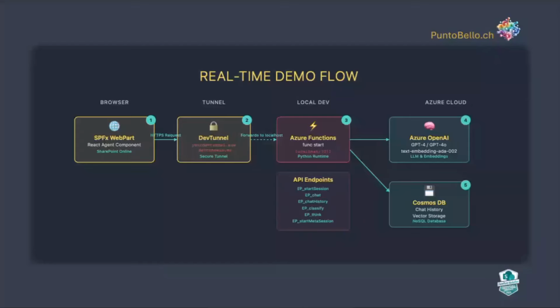If the web part uses this public URL, which I have configured, I will show that in the demo, then it will hit my Azure function, which is running locally with those endpoints, and my Azure function then goes to the various cloud services like OpenAI or Cosmos DB.